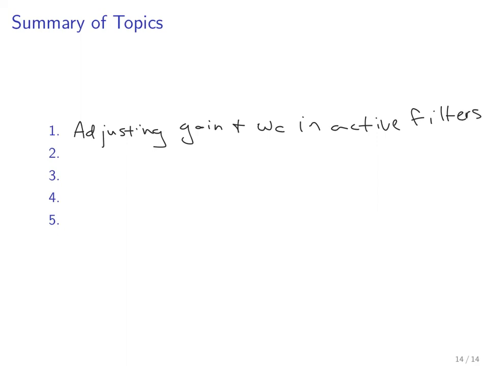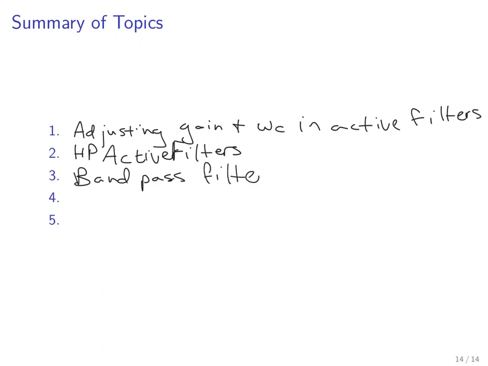We talked about four additional active filter topologies. We talked about high-pass active filters, and we talked about bandpass filters. We talked about both passive and active filters, although even the passive filter used an active component, the op-amp, to allow us to multiply the two stages together.